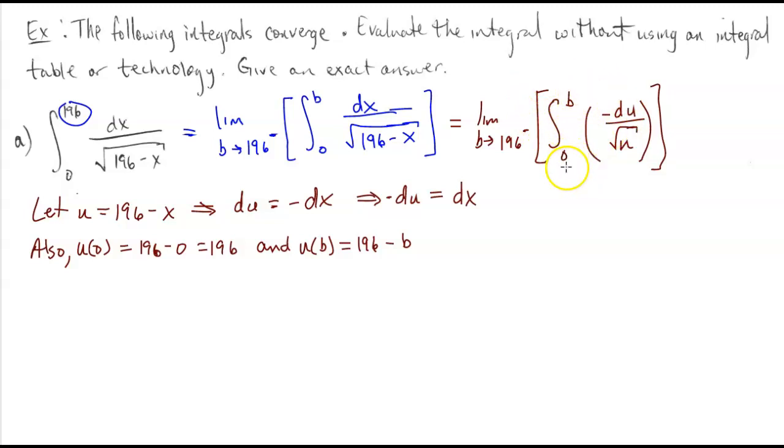And here, for these limits, it's supposed to be in terms of u, so this should actually be 196 here, and this should be 196 minus b.